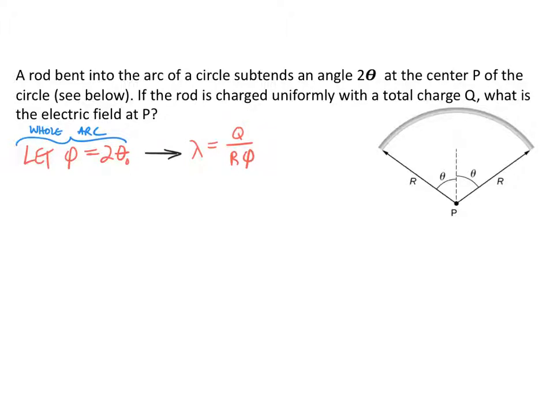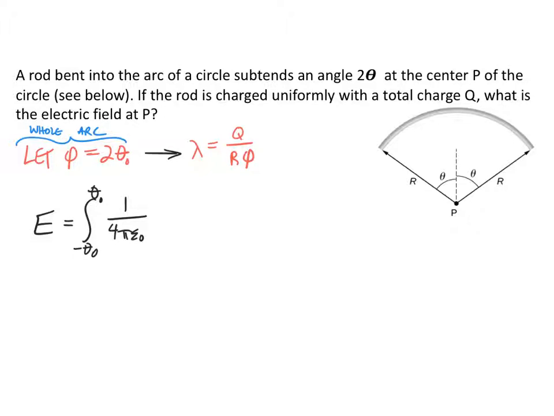Now our variable of integration, inevitably, and hopefully I don't need to tell you, needs to be theta, since we're dealing with some sort of angle. And so we're going to integrate, so the electric field would have to be equal to the integral from minus theta naught to plus theta naught, and our k constant, or 1 over 4 pi epsilon naught.